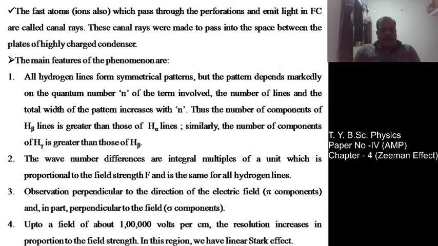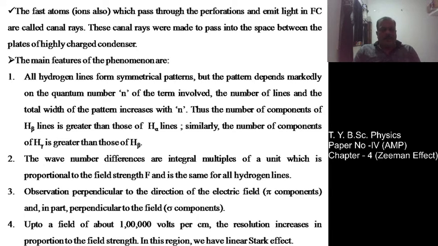The fast atoms or ions also pass through the perforation and emit light. F means this is the name of the electrode. F and C are called canal rays. These canal rays were made to pass into the space between the plates of a highly charged condenser.